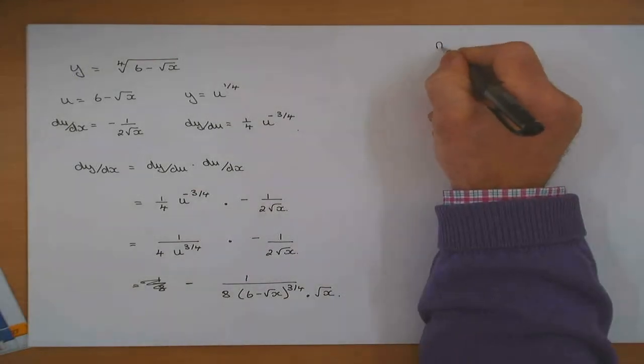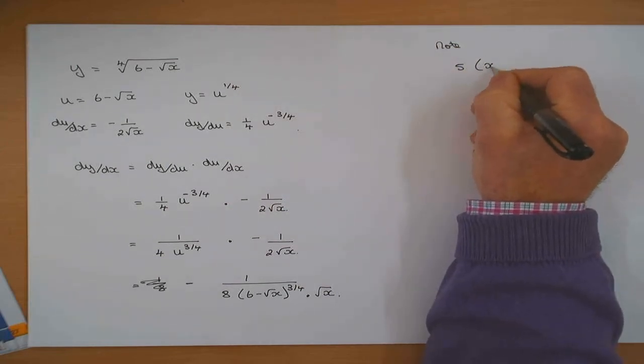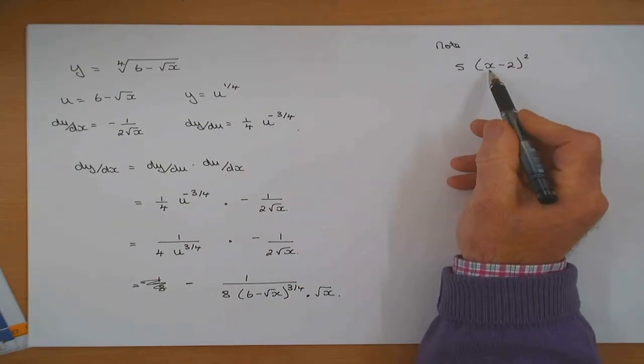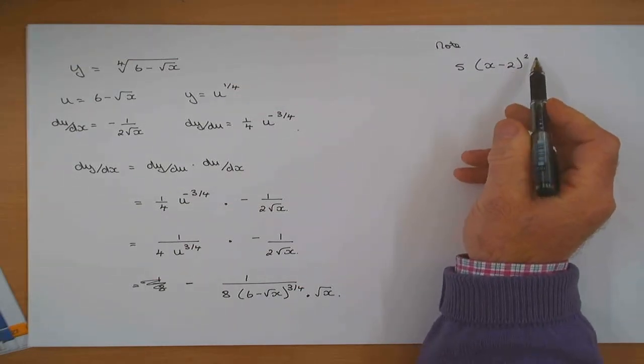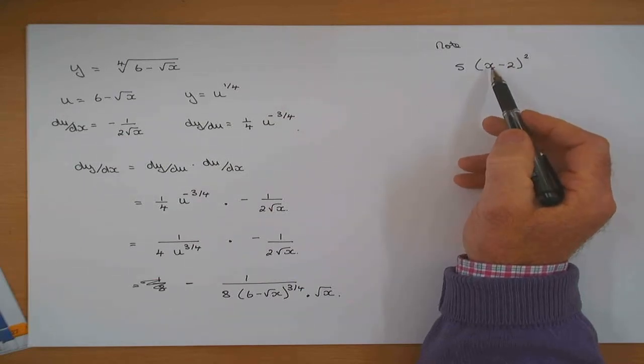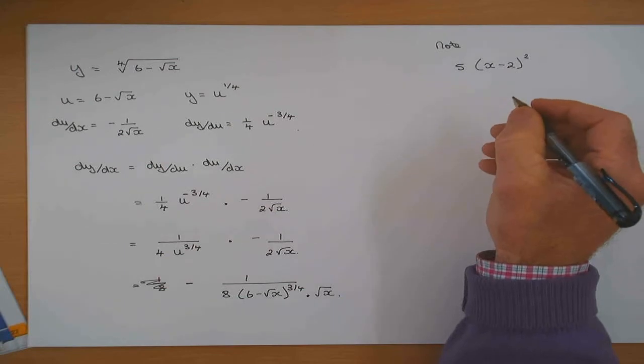It'd be like if I had 5 times x minus 2 to be squared. Can I say it's 5x minus 10 to be squared? No. Because if I multiply the 5 in there, I'm changing it from a 5 to a what? A 5 squared. Yes? So you can't do that.